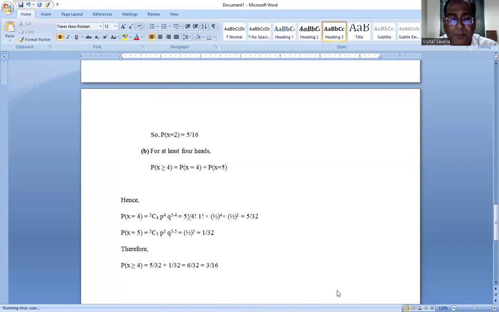Therefore, the probability for x greater than or equal to 4 is 5 by 32 plus 1 by 32, which equals 6 by 32, that means 3 by 16. This is the answer for the probability of at least 4 heads.